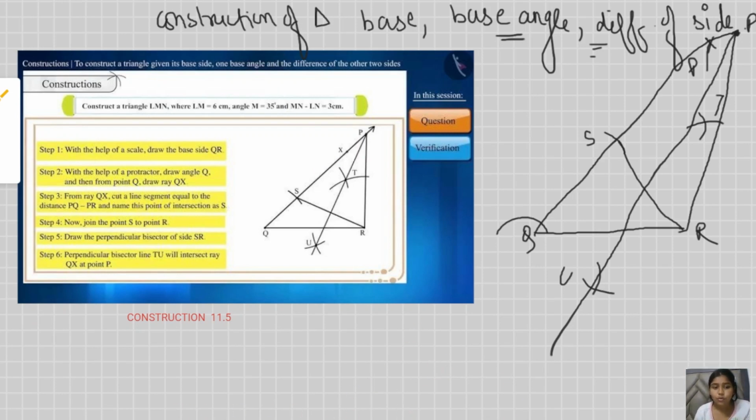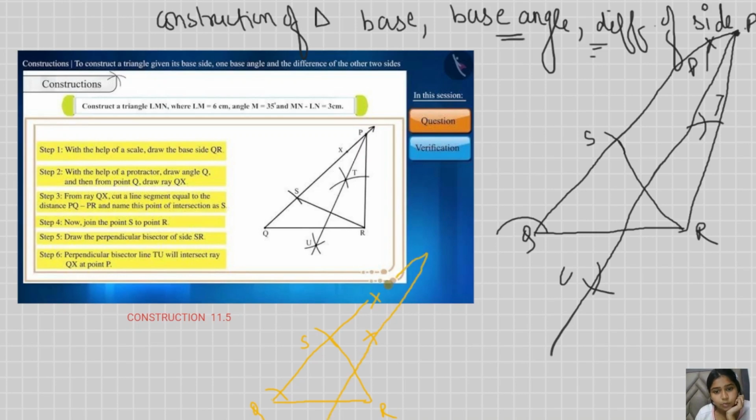What you have to do is take a line segment, then make an angle which is given, then make a line that is X, right? Then you have to make a cut that is S, that is already given, that is the difference of the two sides. Then you have to join these 2 points. Okay, then you have to make a perpendicular bisector of this SR like this.